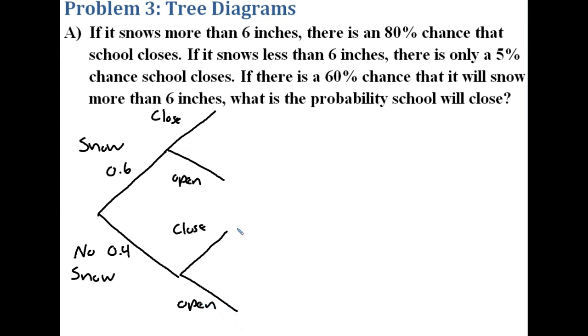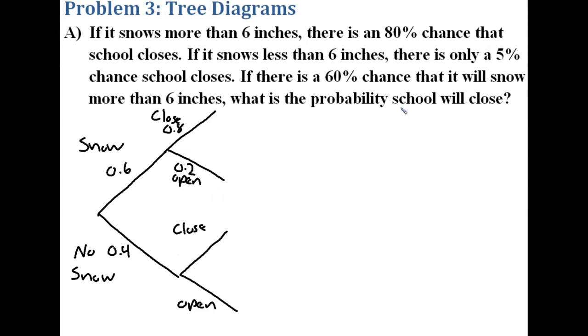Again, that probability is conditional on whether it snows or not. If it snows, we said there's an 80% chance that school closes, so I'm going to put a 0.8 on that branch, meaning there's a 0.2 probability they'll remain open if it does snow more than 6 inches.